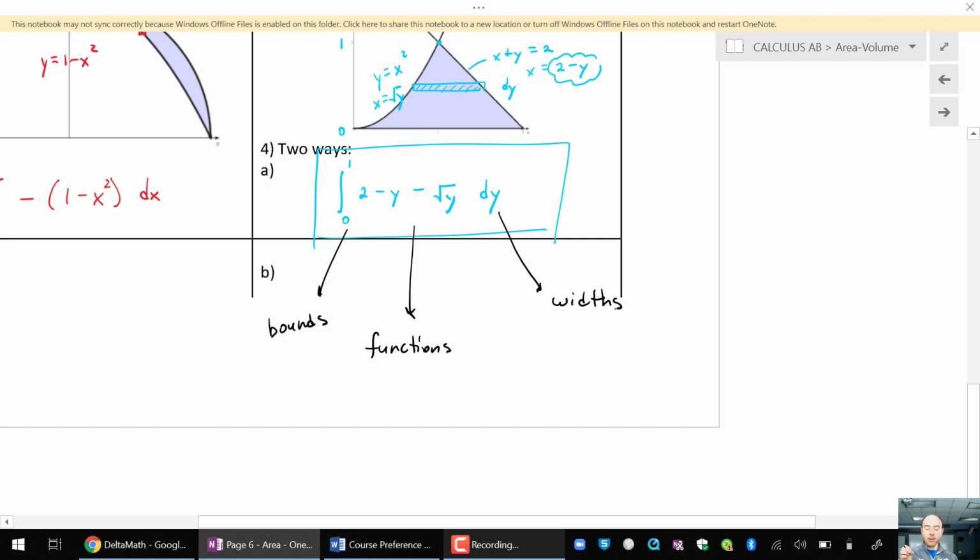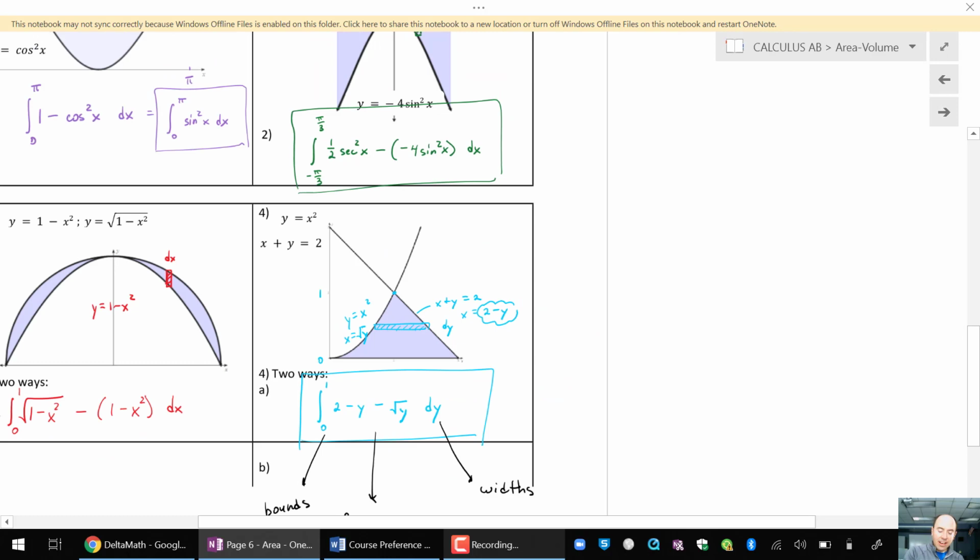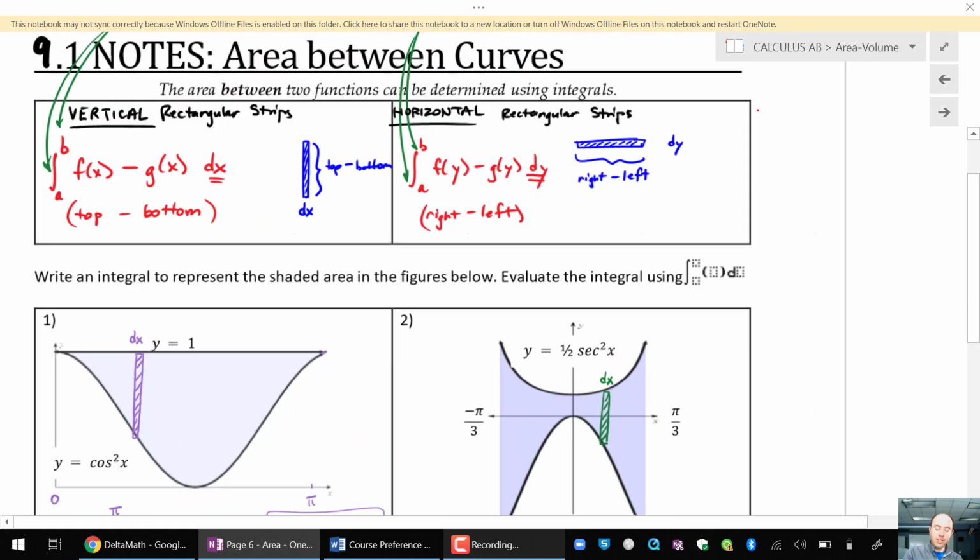The bounds, the functions, and the widths as you construct your integrals all, jot this down, they all must match. And by that I mean you should not have f of x functions and y bounds, or you should not have a dy width in the integral and x-axis bounds. They all must be in terms of x, bounds, functions, widths, or they all must be in terms of y, bounds, functions, and widths.